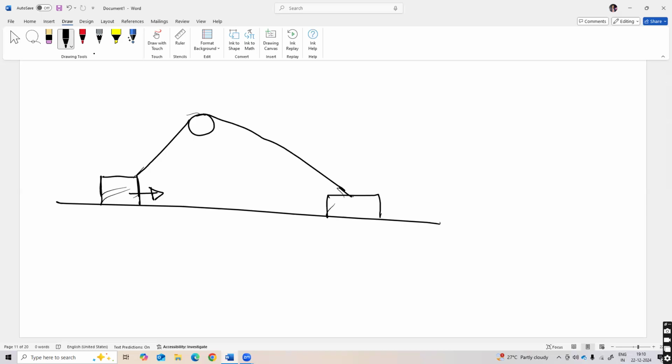Let's say this angle is theta 1, and this angle is theta 2, and this velocity is v2, and this object is moving with velocity v1. So basically find out the relation between v1 and v2.